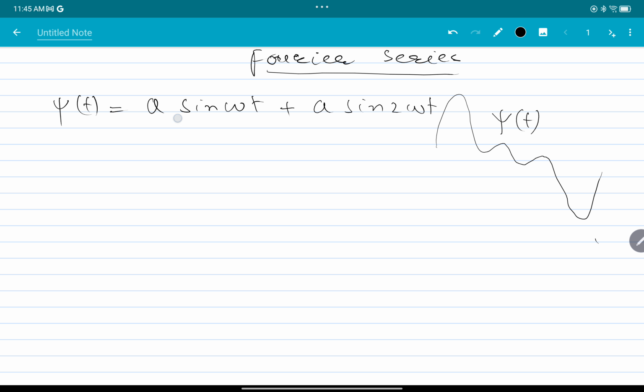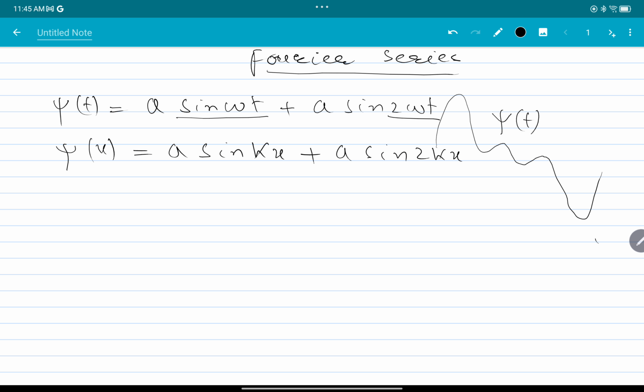One was having frequency omega, the other was having a double frequency, double that of omega. Or if I like, I can write it in terms of x as variable. I can then write it a sine kx, then a sine 2kx.